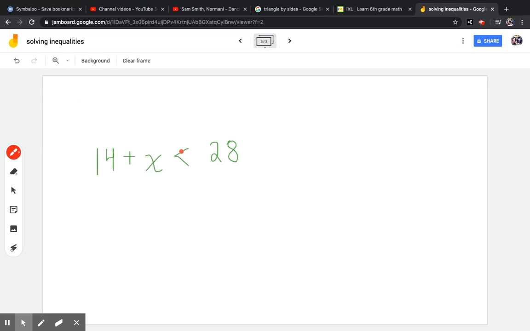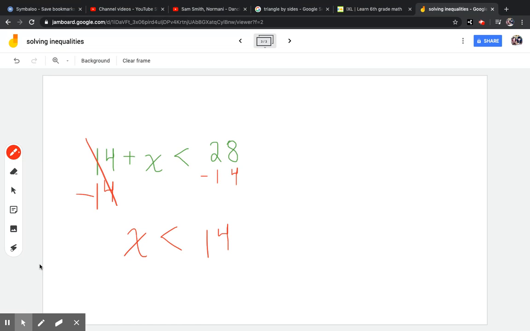Now, although there isn't an equal to sign here, you can just pretend. So solve it just like you did one-step equations. So 14, we want to get rid of that 14 so that x is by itself. So I'm going to subtract it on both sides. 14 minus 14 would be 0. So I have x is less than 14, because 28 minus 14 is 14.